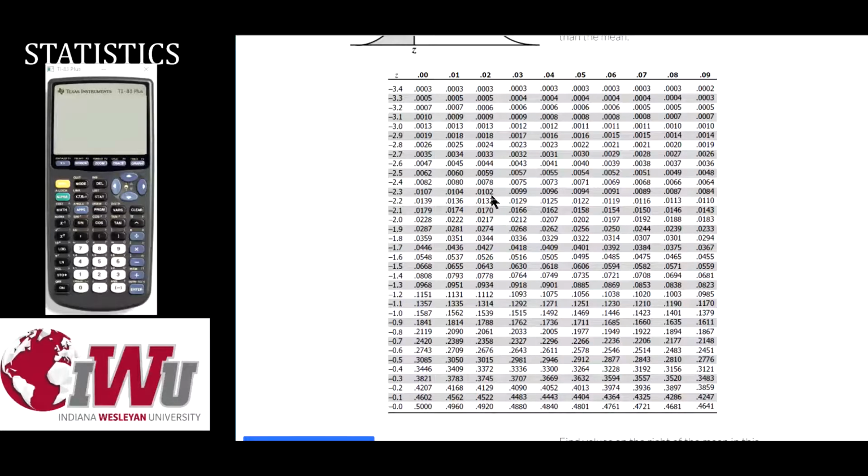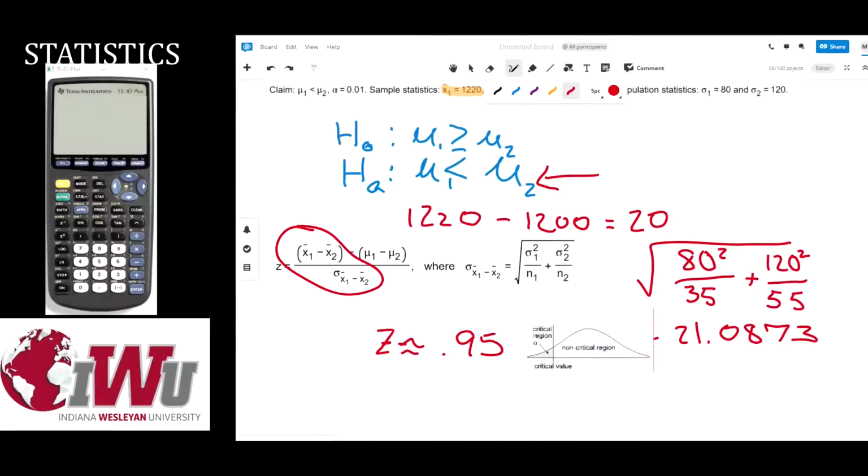We're going to pick the one that's closest, and the one that's closest is right here, negative 2.33. That's going to be our critical value. So we compare: is this 0.95 in the rejection region?